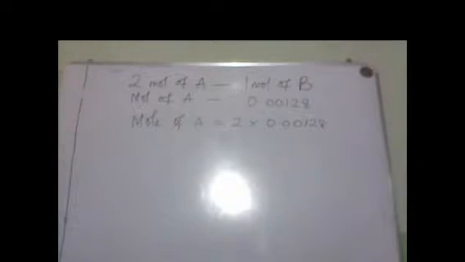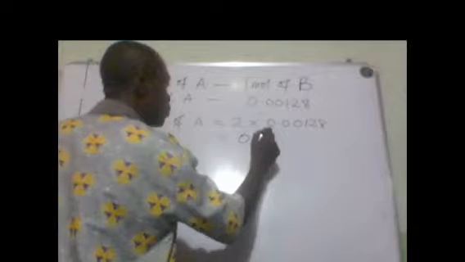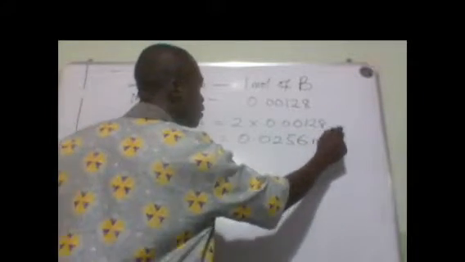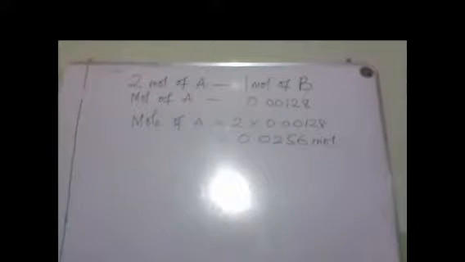This is going to give us 0.0256 mole. Yes, so that is how we get the mole of A using the information we have about B.